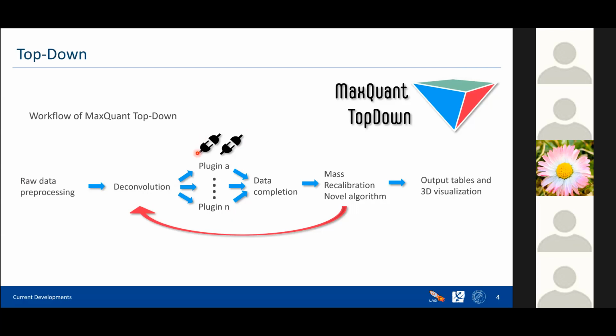Of course, we might also do our own, but as I said, we don't have to invent everything from scratch. So we give this task to several plugins of already existing algorithms and software. But then these existing tools might give us different results because they're different tools, obviously. So we must put them together into just one output of all these different approaches. This is what we might call data completion. We somehow have to merge them together into one result. And this, of course, will be done by our own tools again.